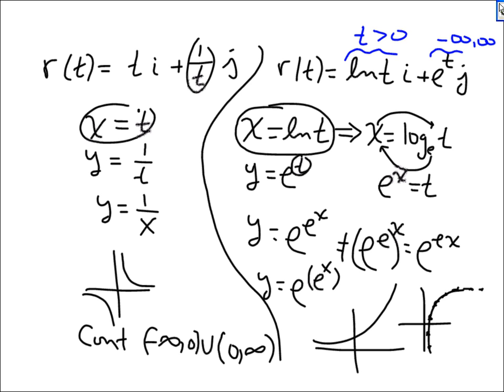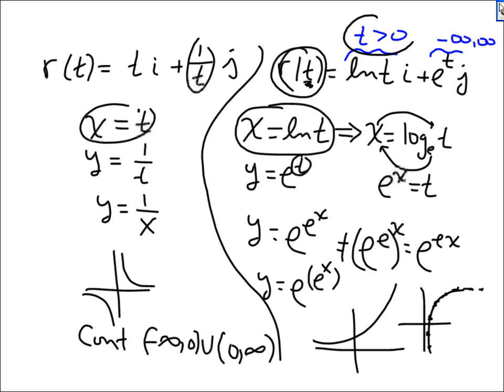Now, the real question is, what do they mean when they say determine the intervals in which the vector valued function is continuous? Are they talking about x values or t values? If they're asking where r of t is continuous, they want to know about t's.